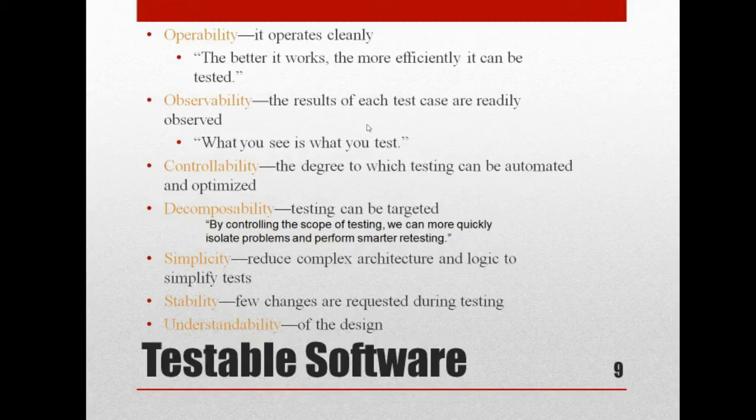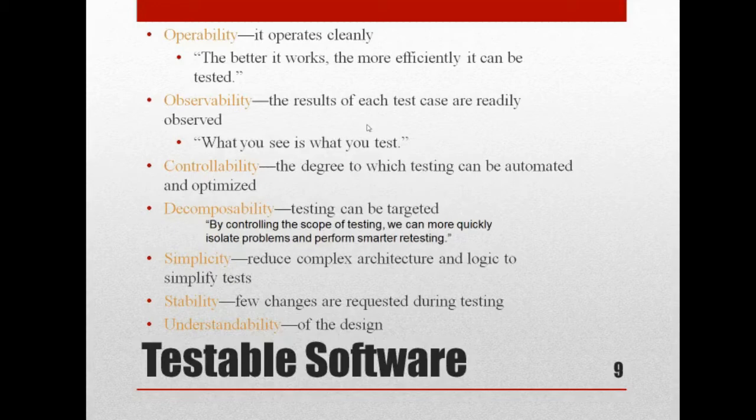The second point is observability. When you give an input and the software produces an output, if by checking the results you are able to identify the errors, or the working of it, then it is good software.